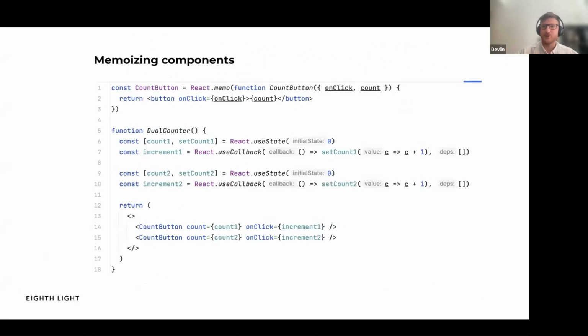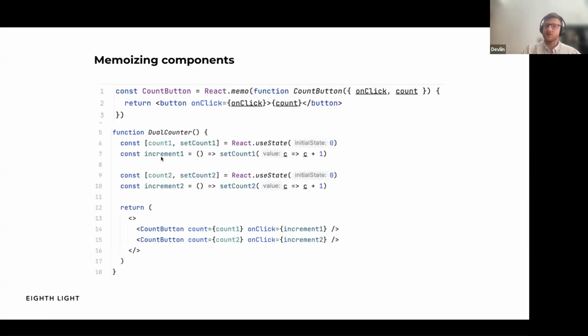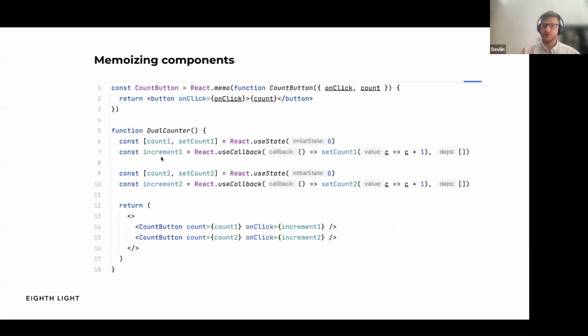Okay, so the reason why that doesn't work is because every time DualCounter, the parent component, re-renders, as I said, all of its code reruns, which means that both of these constant functions get re-instantiated, meaning that they change reference, right?